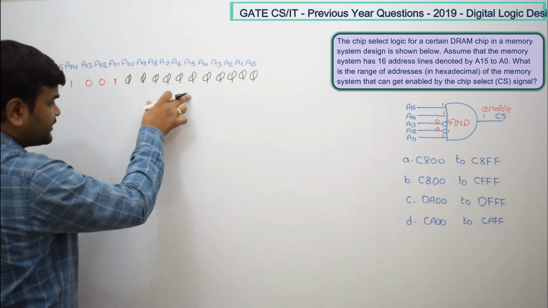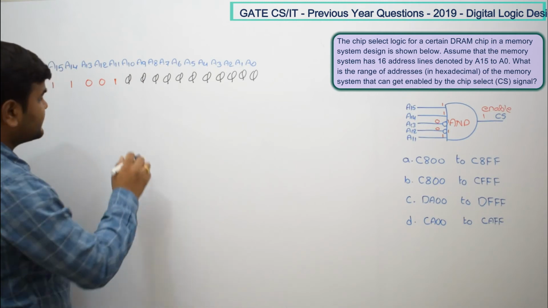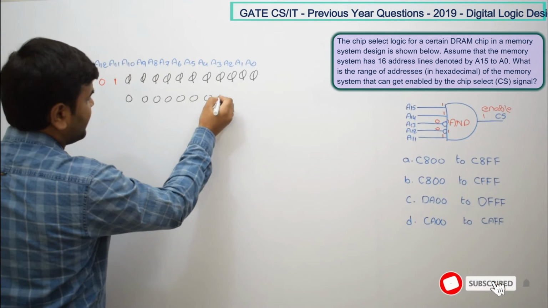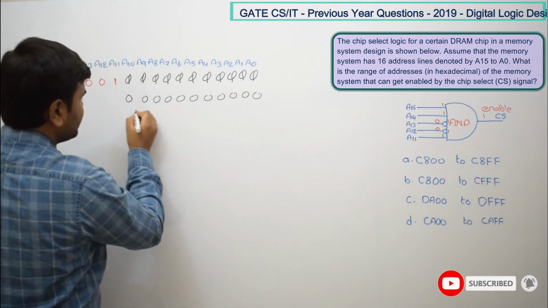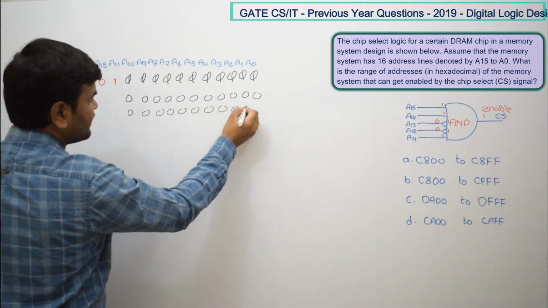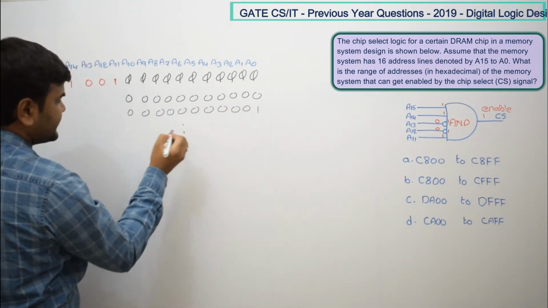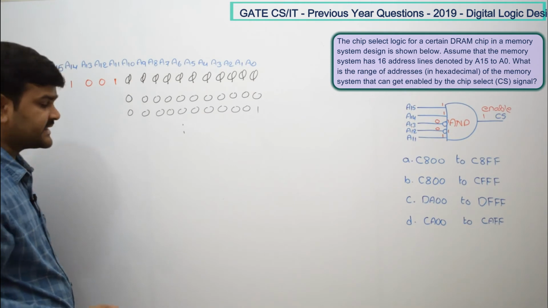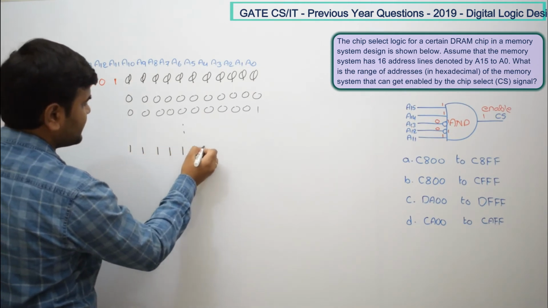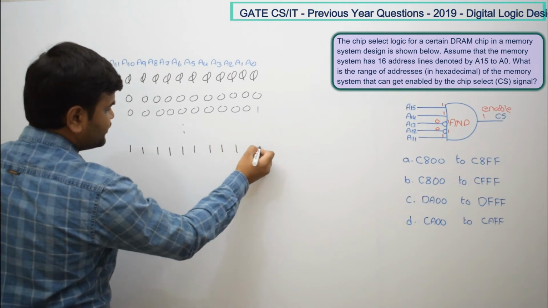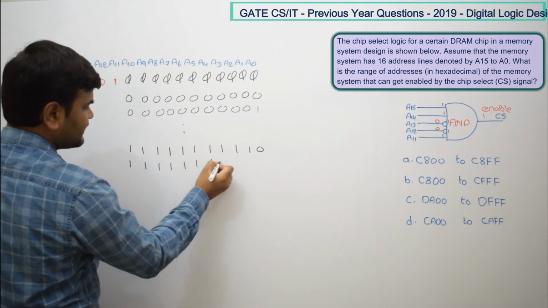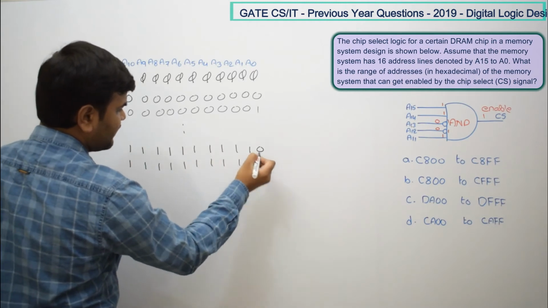If you try to collect all possible combinations, what is the first combination? That is all zeros, right? Then the next one is 0 0 0 1. Like this, what are the last 2 combinations? 1 1 1 0, then the last one is 1 1 1 1.